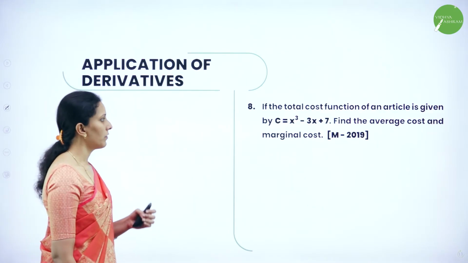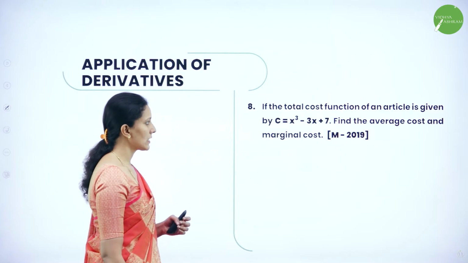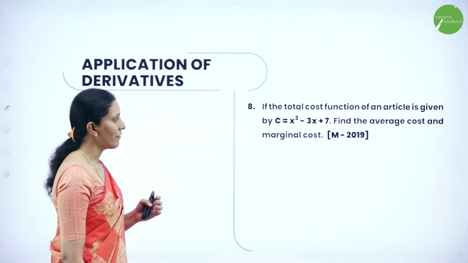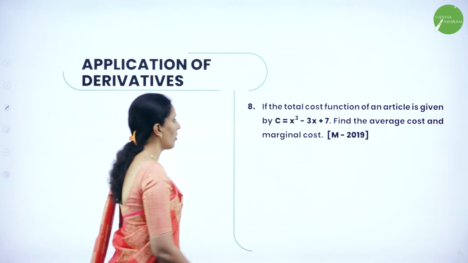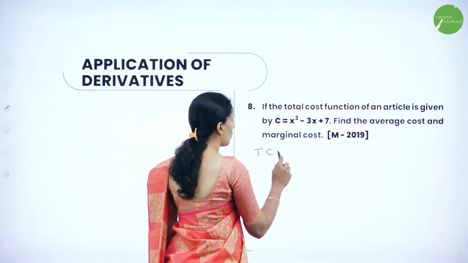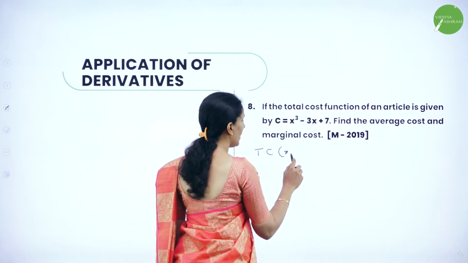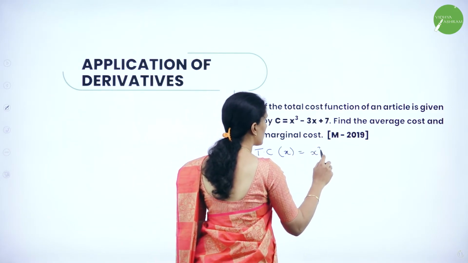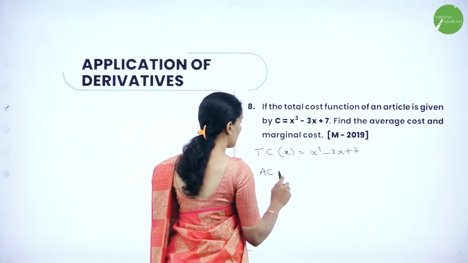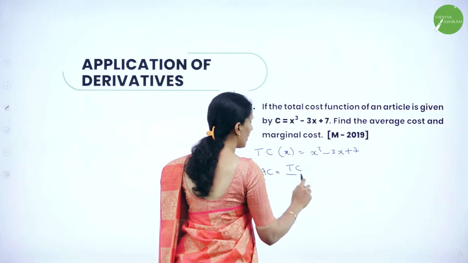Next one, if the total cost function of an article is given by C is equal to x cube minus 3x plus 7, find the average cost and marginal cost. I already said average cost means it is total cost divided by x. So it is given x cube minus 3x plus 7. Hence average cost is nothing but total cost divided by x.